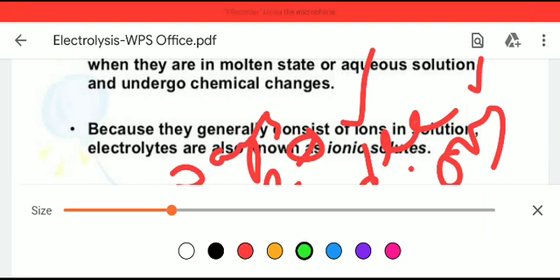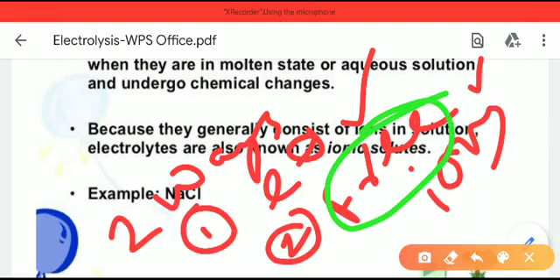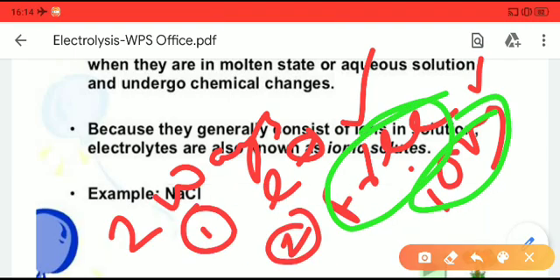Due to these free ions, they conduct electricity. They do not form free electrons, they form free ions. Due to the formation of free ions, they can conduct electricity.